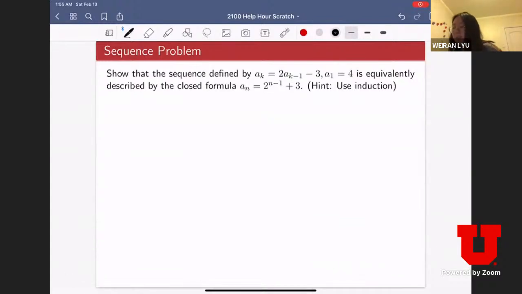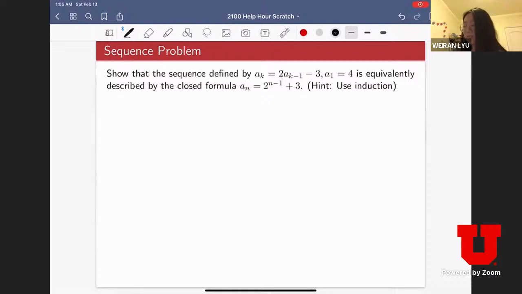It is still another sequence problem. For this one, we're also given a recursive formula, and we just want to show that it is equivalently described by the closed formula, a sub n equals 2 to the n minus 1 plus 3, and we want to use induction.